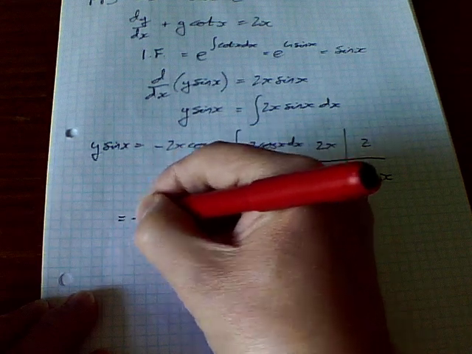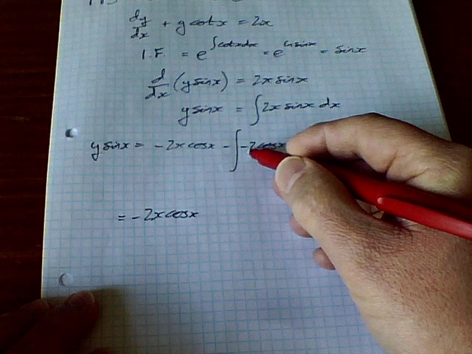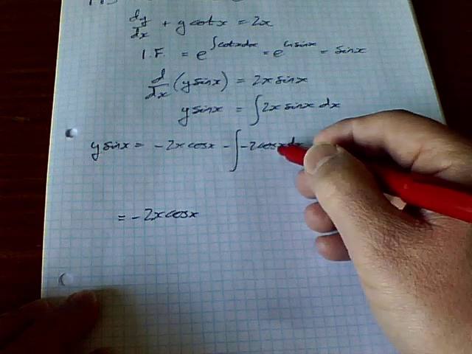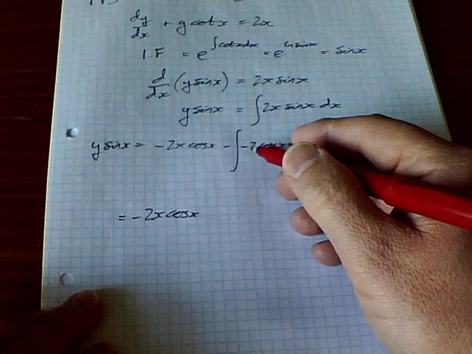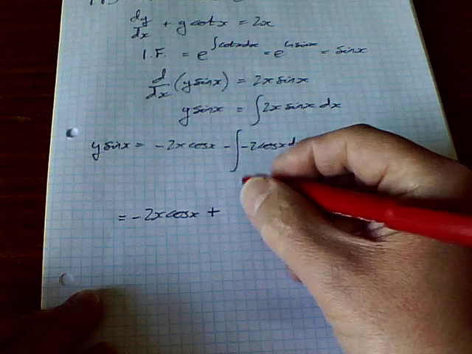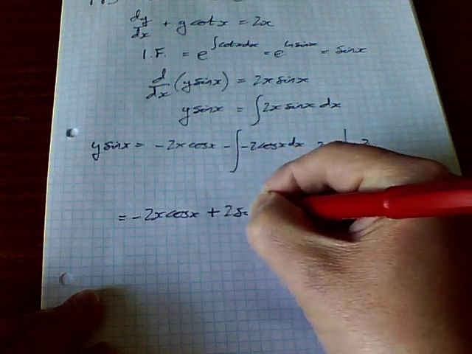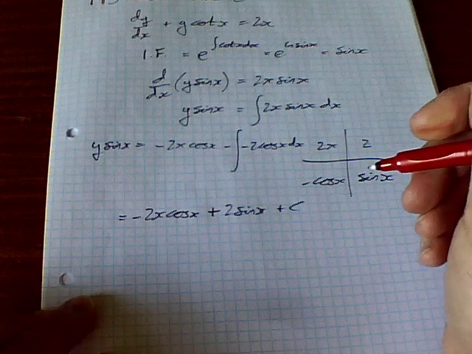So, that's equal to minus 2x cos x, but the integral of minus 2 cos x, the integral of cos is sine, so the integral of minus cos is going to be minus sine. So I'm going to end up with, plus from the double negative, 2 sine x plus arbitrary constant c.